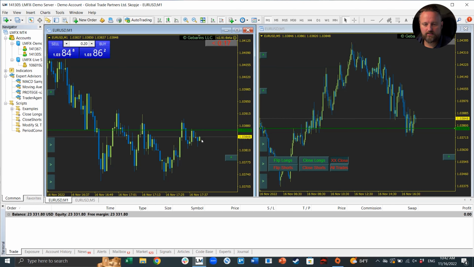So if it comes here, tests the top, breaks, and then has a confirmation candle, that will be my confirmation for it going up. And if it breaks maybe these right here, then I could get a confirmation of it going down.